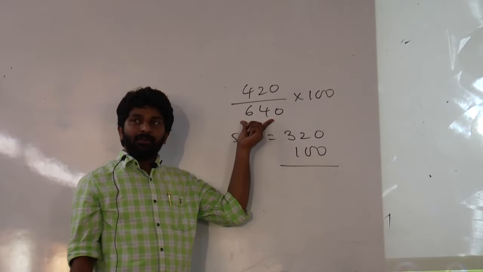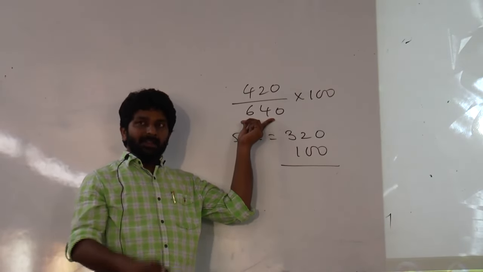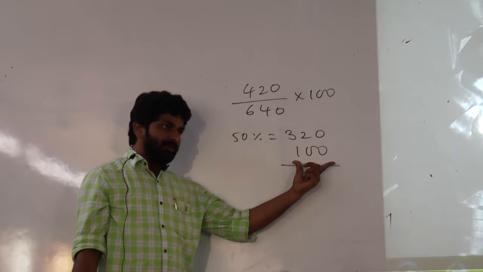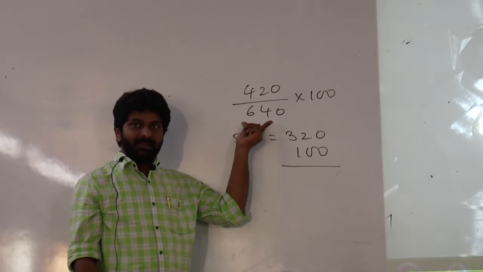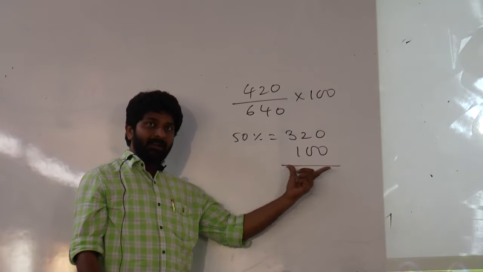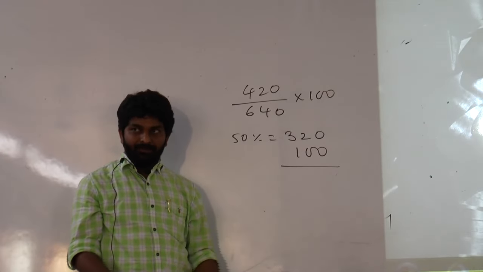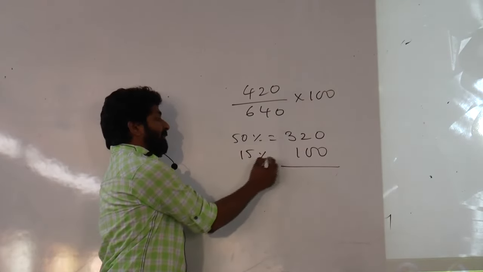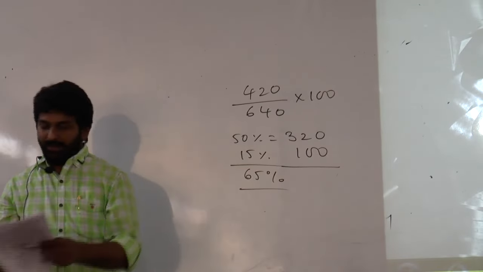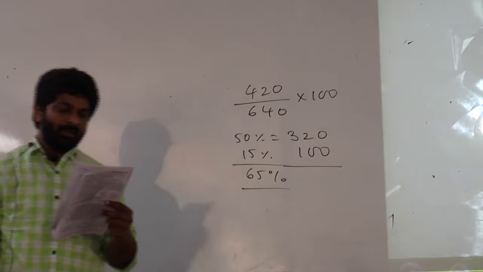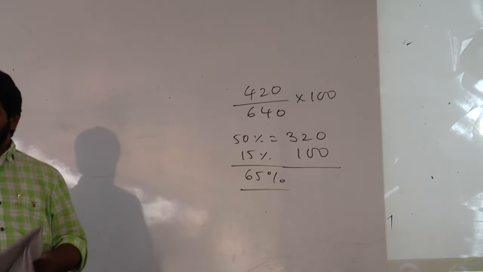Half of 64? 64 plus 32, 96. Still you need to add something more. So 96 is 15%, but you need to add 100. That should definitely be more than 15%. So the answer will be near about 65%, but more than 65. Look at your options. Only one: 65 5 by 8.